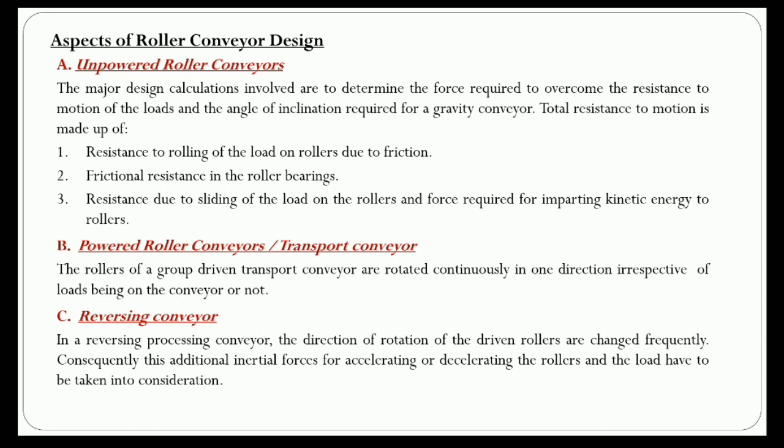And the last one is the reversing conveyor. In a reversing conveyor, the direction of rotation of the driving rollers can be changed frequently. Consequently, the additional internal force for accelerating or decelerating the rollers and the load has to be taken into consideration.